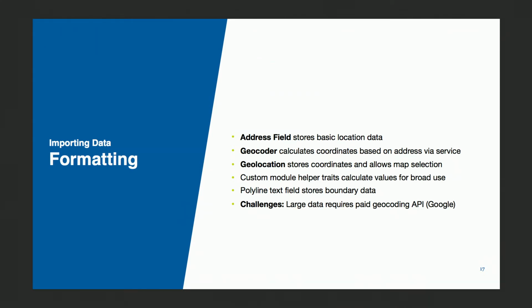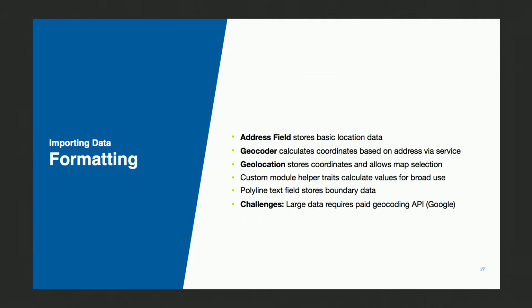We also, you want to talk about the custom traits? Oh, so we created a custom module that supplied a trait to our different classes that gave some helper methods for calculating the distance between two geocoordinate points, or looking up taxonomy term parents based on the child terms, and things like that.